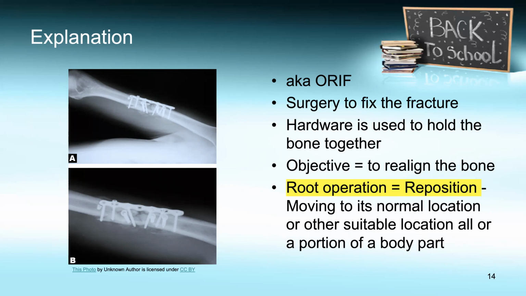But you can't just say that because plasty means repair, that repair is our root operation, because you have to understand the procedure. What are they trying to accomplish? What is the objective? So always go back to that. What is the objective of the procedure?